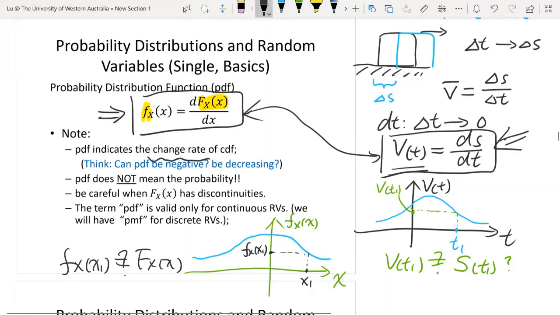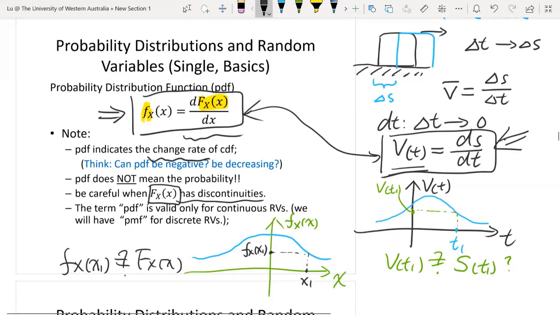Next point, please be careful when the CDF function F_X(x) has discontinuities. If the CDF function has discontinuities, we will not be able to conduct the differentiation calculation to derive the PDF function. That will be the trouble.